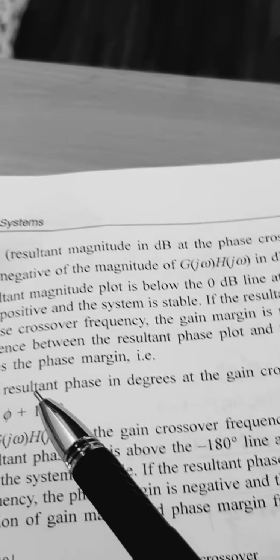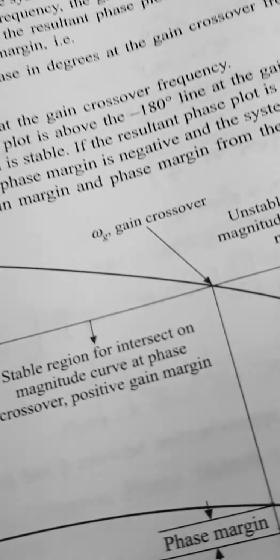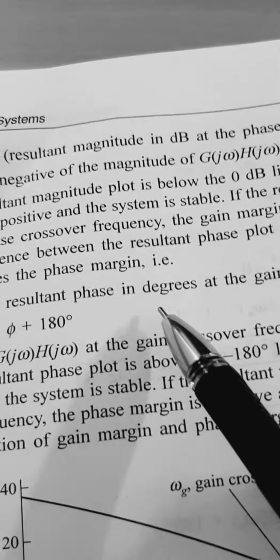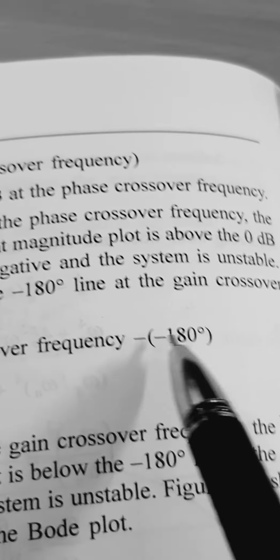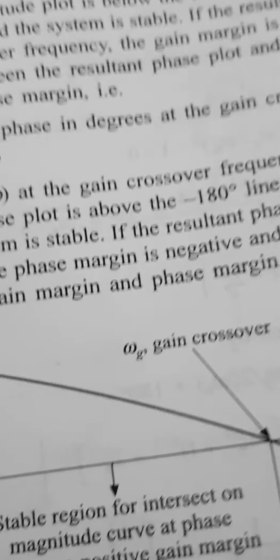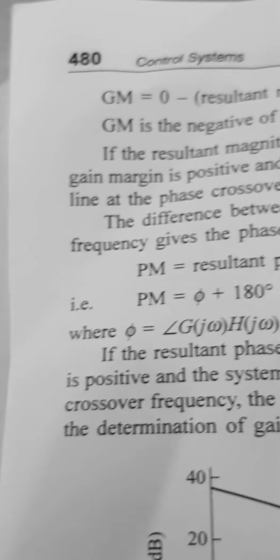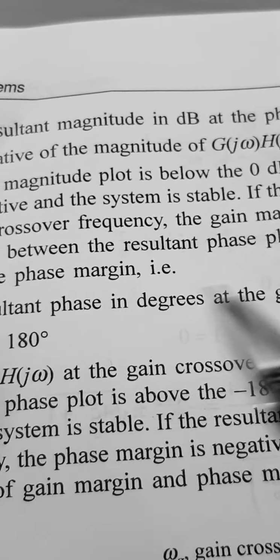Phase margin is the resultant phase in degrees at the gain crossover frequency minus of minus 180 degree, so PM equals phase plus 180 degree.